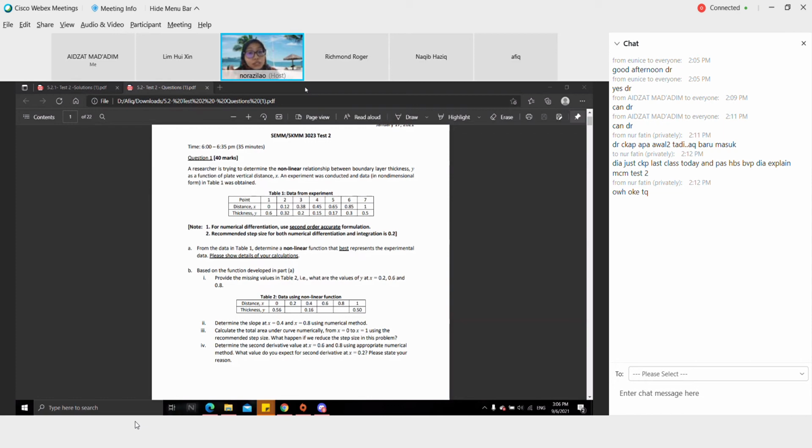Where do you use it? You have linear regression and you have polynomial regression. For polynomial regression, you have second order regression, third order regression, and up to M order regression. Still remember or not?